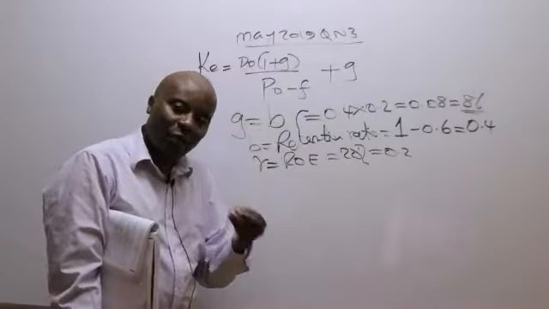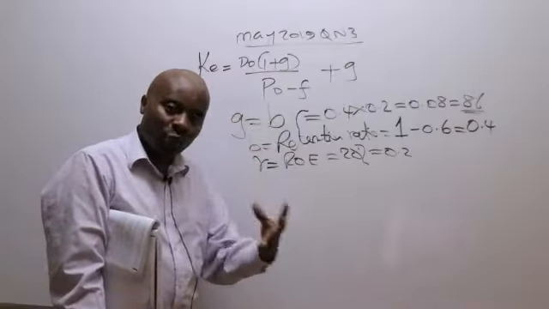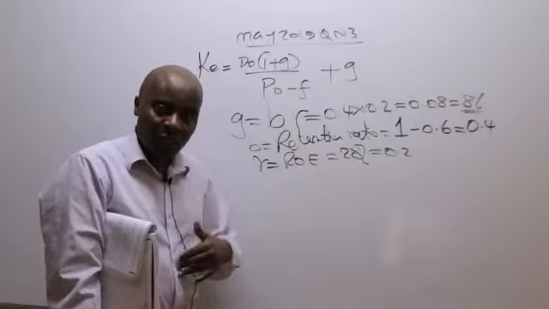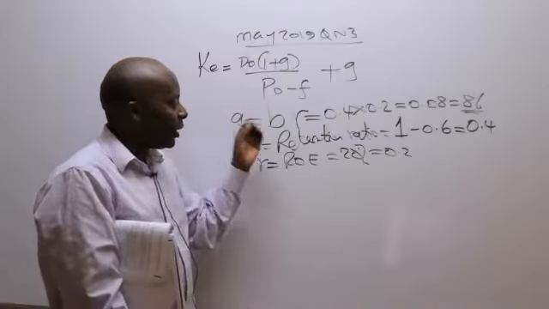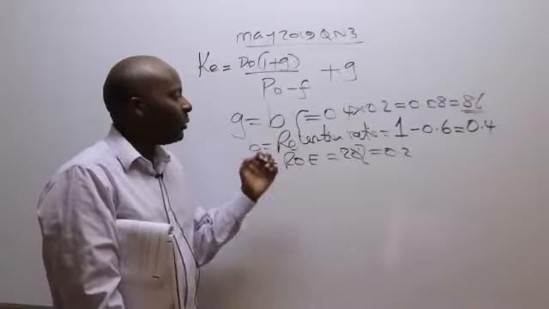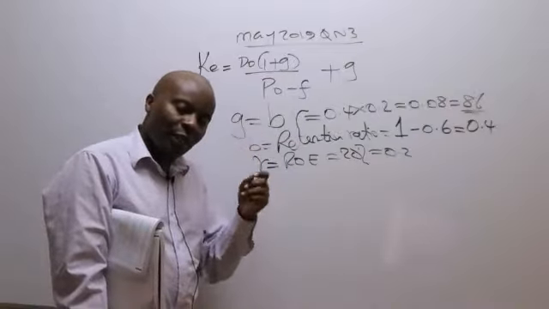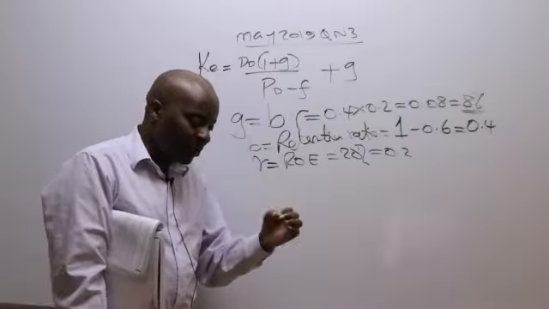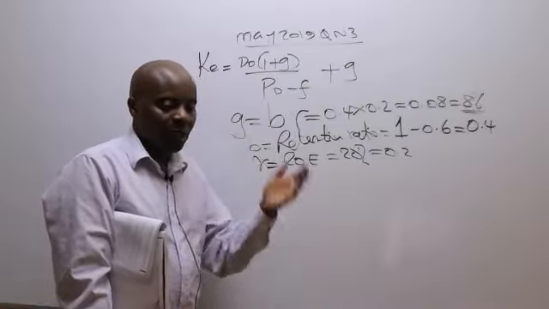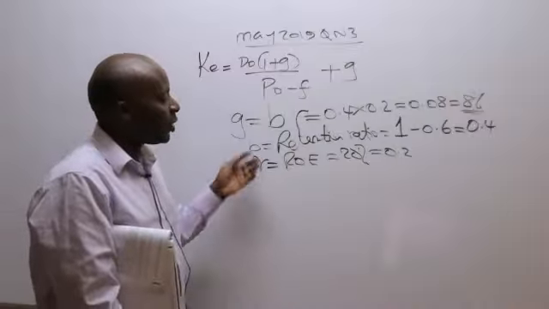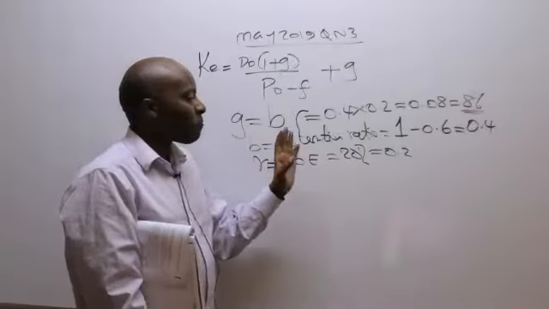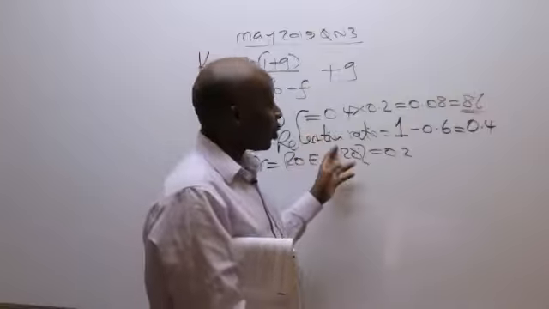Out of your salary, how much are you able to retain to go into your investments? Or does everything you get go to the stomach? No. So our g should be equal to the retention ratio multiplied by the return on equity, the return from the investments where we shall put the retained monies.